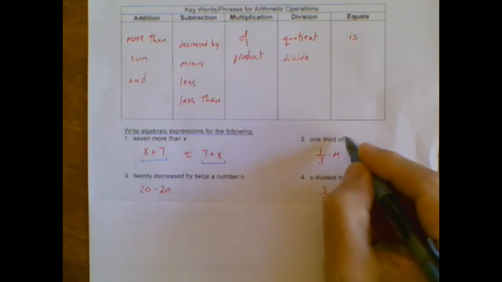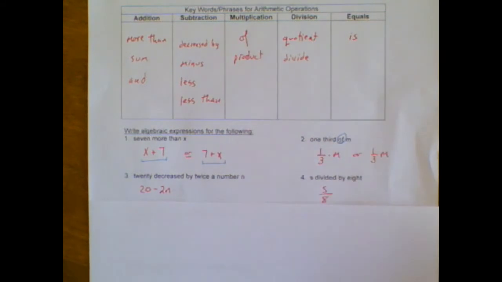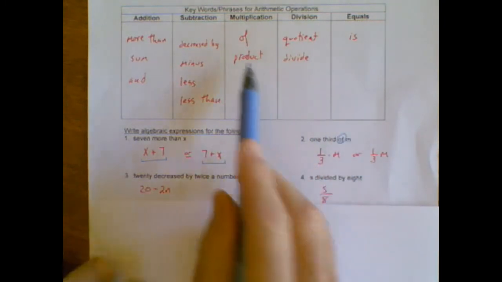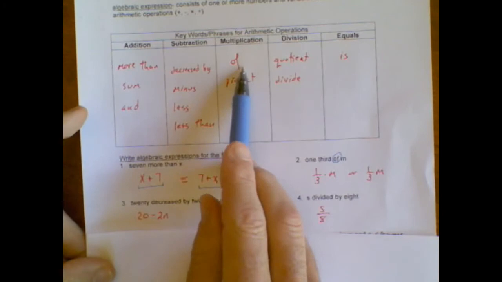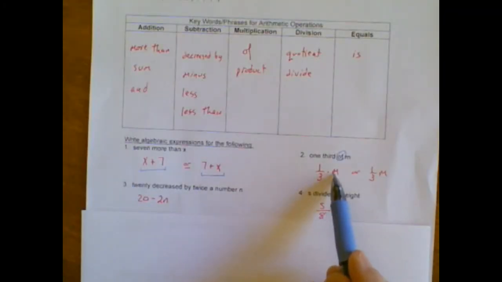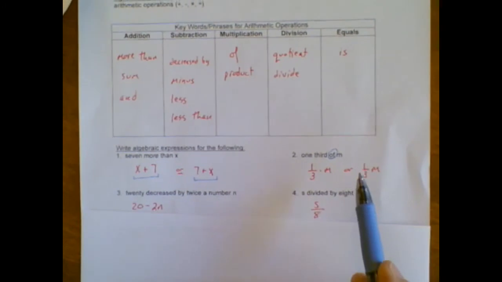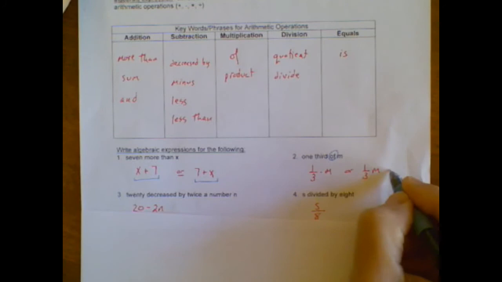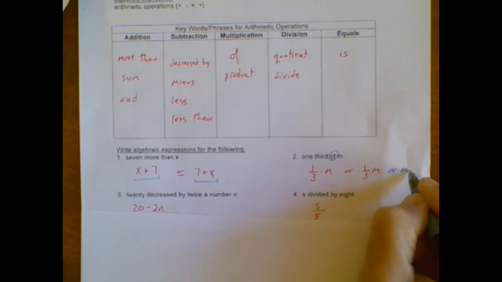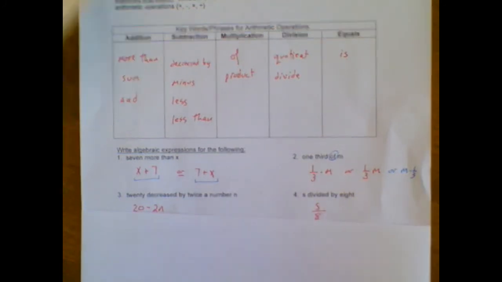Just like in number 2, when I see the keyword of, 1/3 of M, well, of is going to be part of my multiplication. It's a keyword, so 1/3 of M, and just like addition, multiplication can be written in the reverse order. So I could write this M times 1/3.